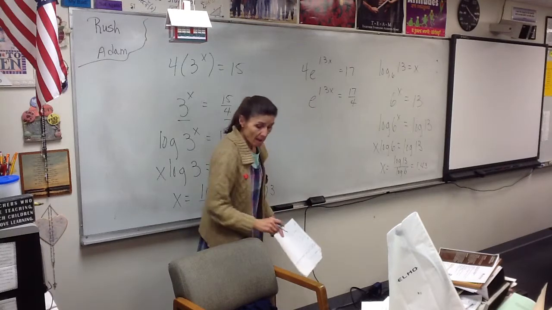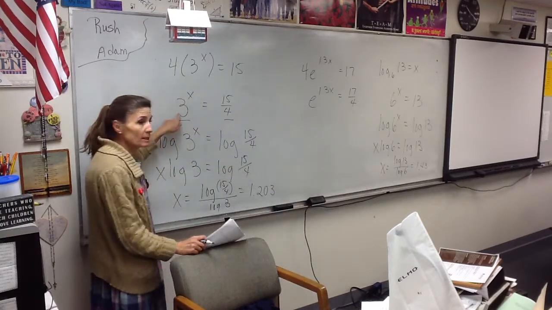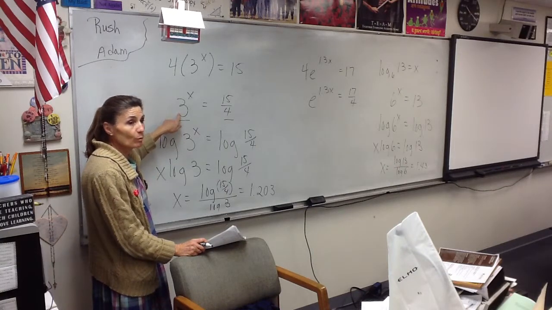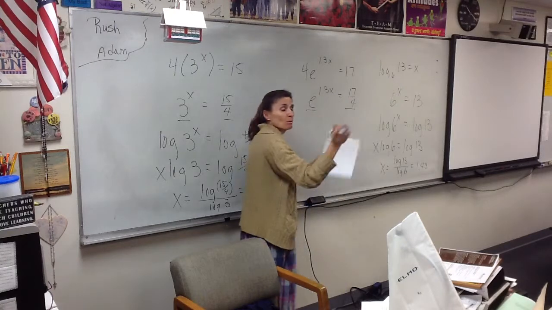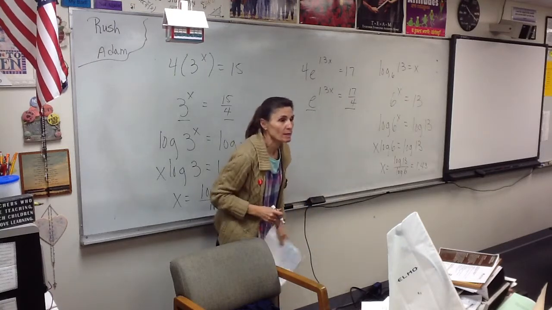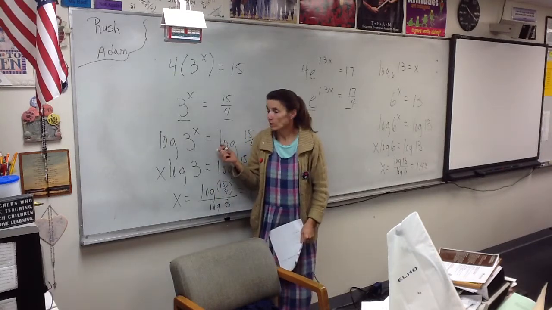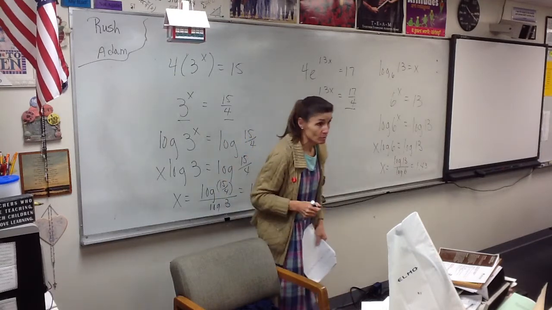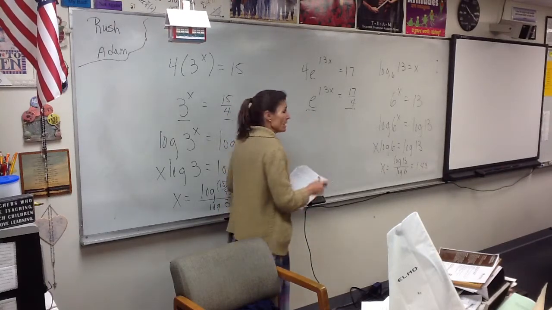Now we are exactly at the same place we were at the previous problem. We got these numbers this time, but we can't make them match. So what are we going to do? What did we do over here? We're going to log both sides, except because there's an E in the problem, we'll ln both sides.